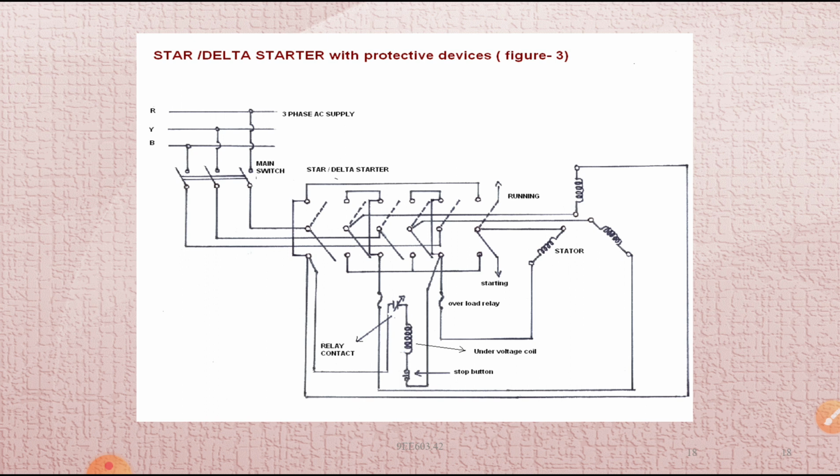After 5 or 10 seconds, the timer automatically cuts off the star contactor. Then the delta contactor closes its contacts and the motor terminals reconnect in delta fashion. Then the motor runs continuously and is ready to take any load. This is an automatic star delta starter.